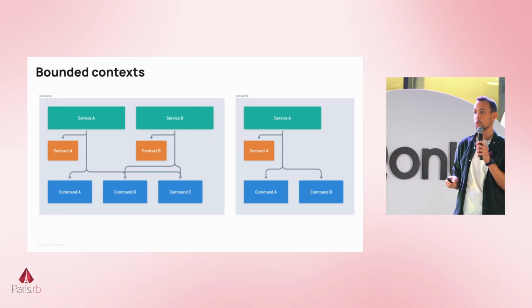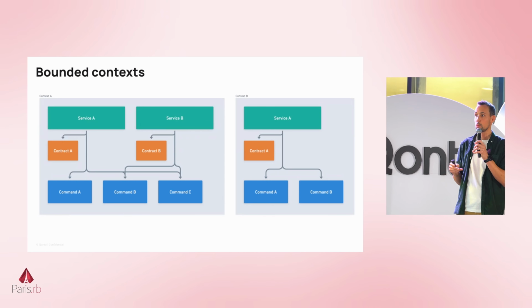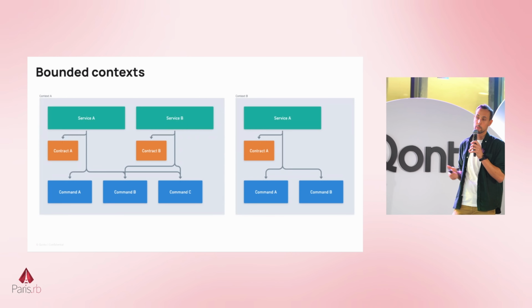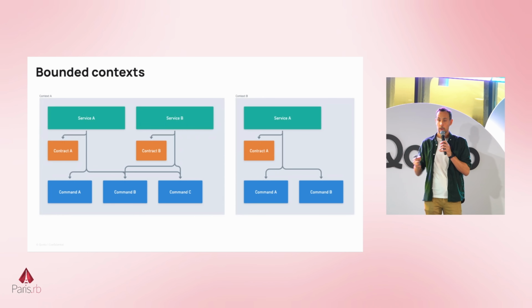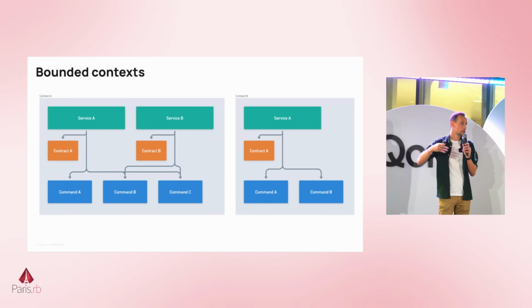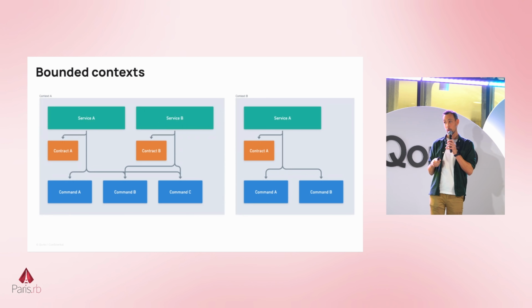Our standard usually guides you towards using two layers to implement your service. First is the contract part, where you can validate the input that comes in, so that you can react to the person calling the service. And the other part is the commands.